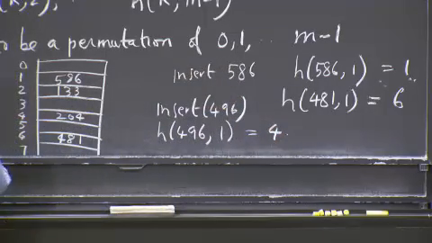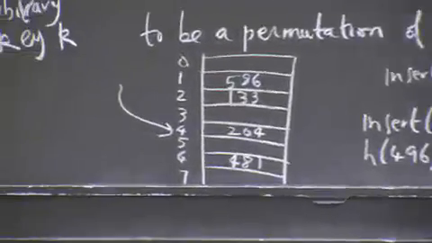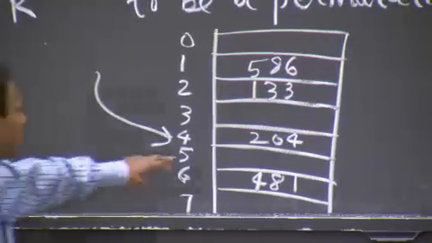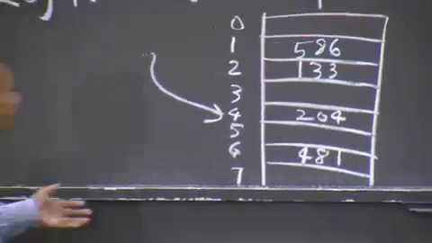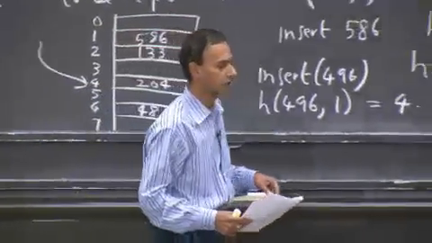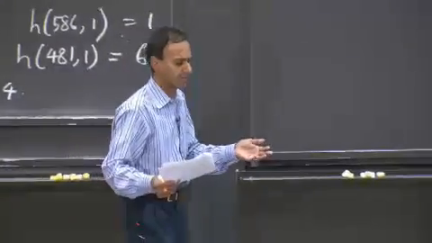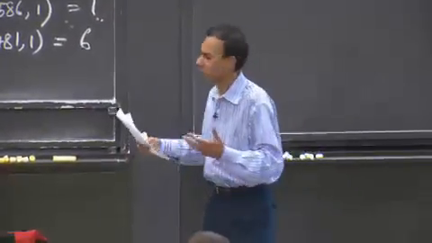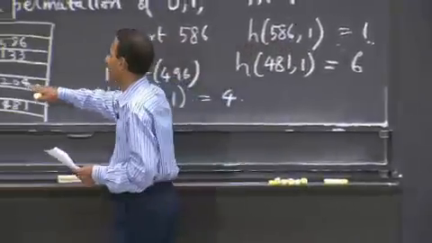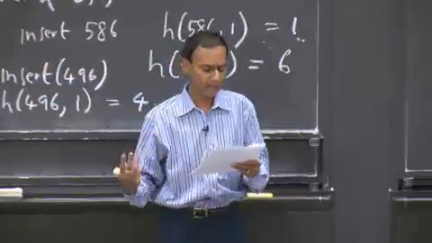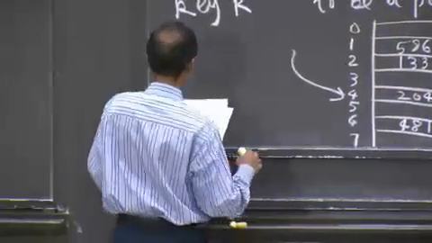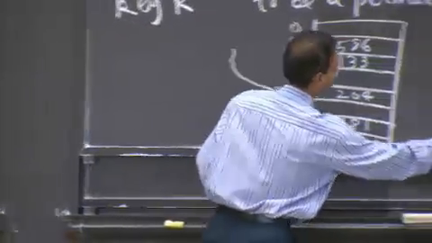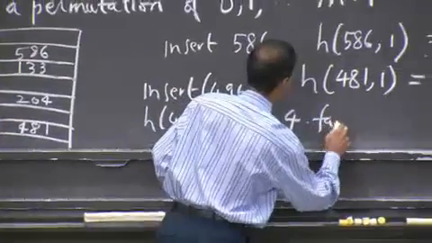So the first thing that happens is I go in here and I say, oops, this slot is occupied, because I'm going to have a special flag associated with an empty slot, and we can say it's none. If it's not none, then it's occupied, and 204 is not equal to none. So I say the first probe actually failed. So h 496 1 equals 4 fails.